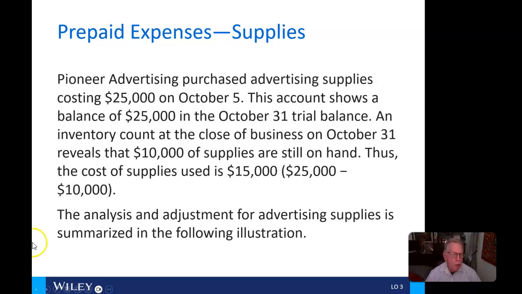Now, what we do is we go out and we inventory how much is left at the end of the month. And at this point, we have $10,000 left at the end of the month. Therefore, we've used $15,000 of those advertising supplies during the month.